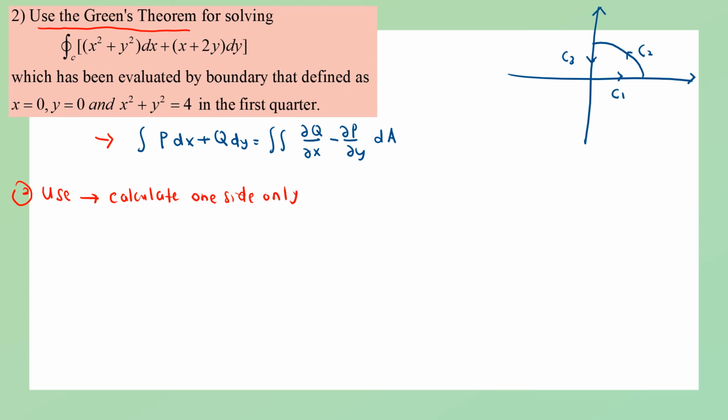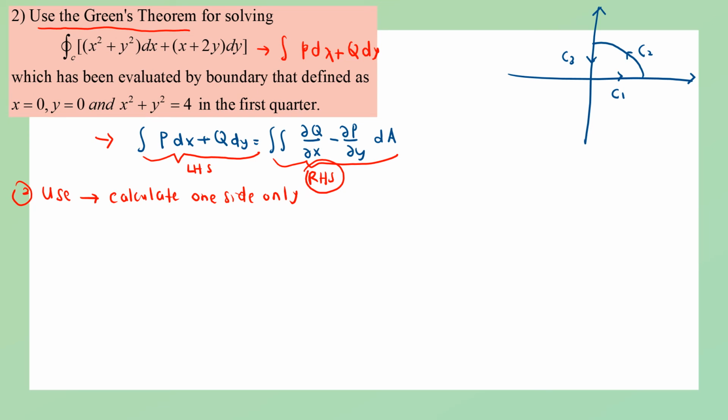The single integral is the left hand side, and this double integral is the right hand side. The question gives you a single integral, so the question gives you the left hand side. When the question gives you the left hand side, you have to solve the right hand side.